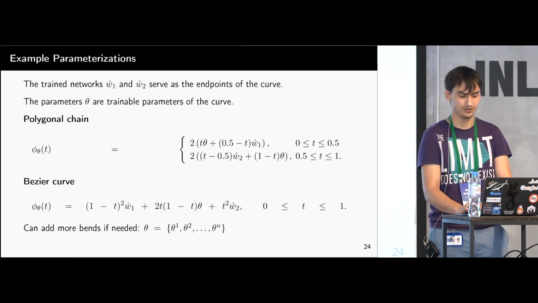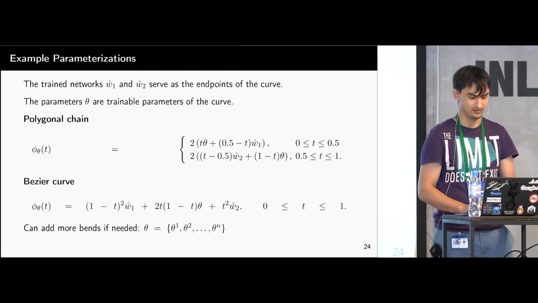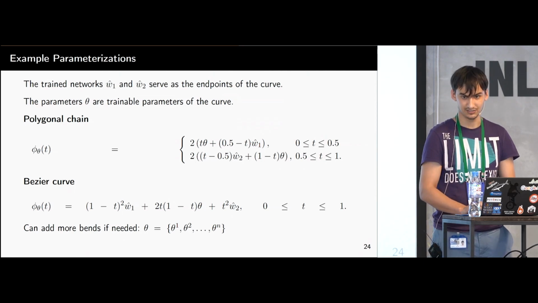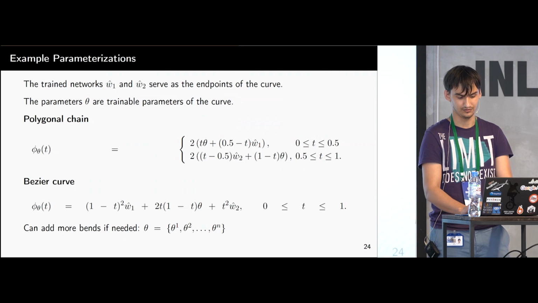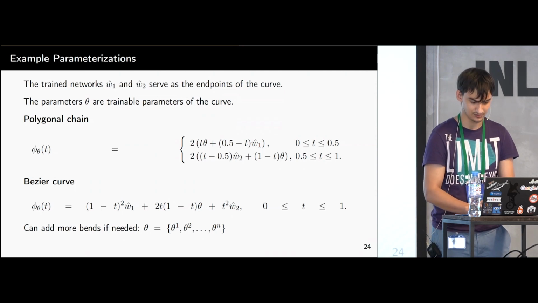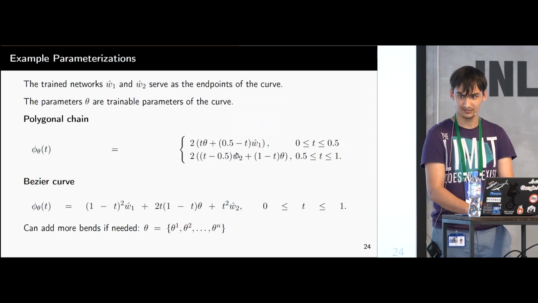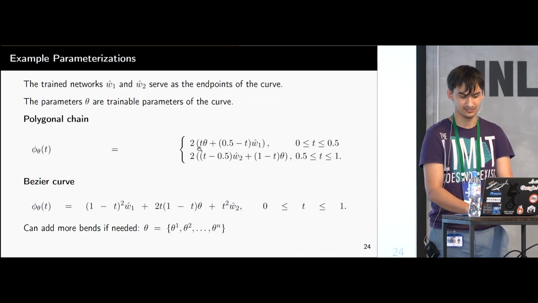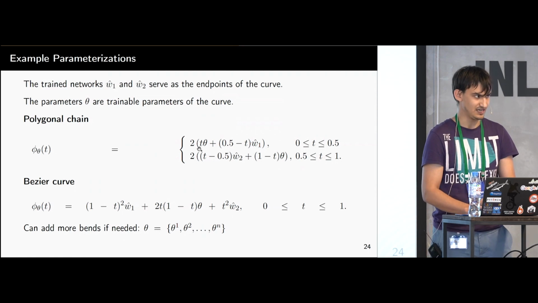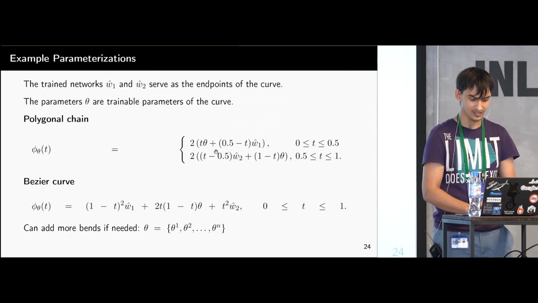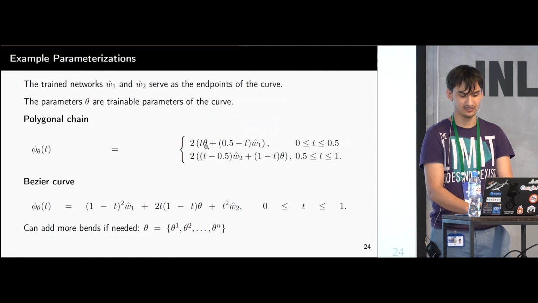And how do you define the curve? Well, the two simplest examples are the polygonal chain and the Bezier curve. A polygonal chain with two segments is defined as follows. You just have W1 and W2, which are the ends. You have this theta, which has the same number of dimensions as W1 and W2, which is like the third point on the plane. And you connect W1 to theta and then theta to W2.